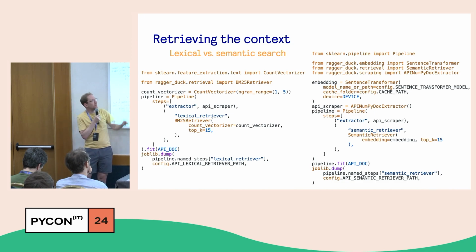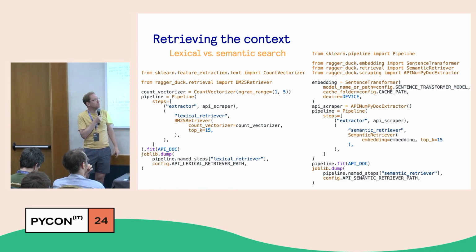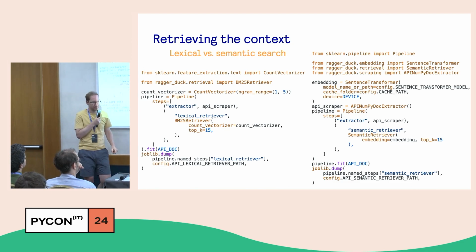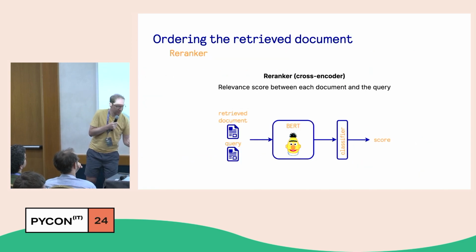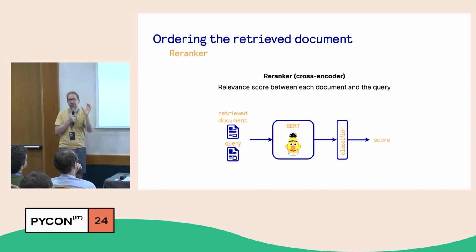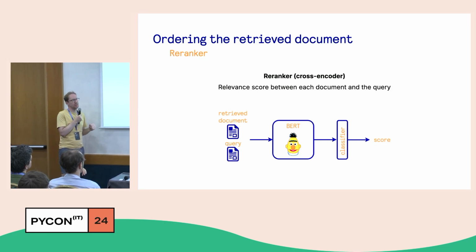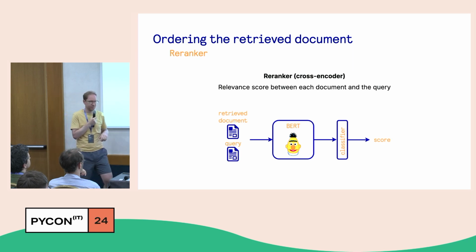I can do exactly the same for the sentence retriever, with the same extraction stage, fitting the models and then dumping the models. And I have a final stage where I will have different chunks coming from the different retrievers, and I need to re-rank depending on the positions. You have a cross-encoder that can help you here. Okay.